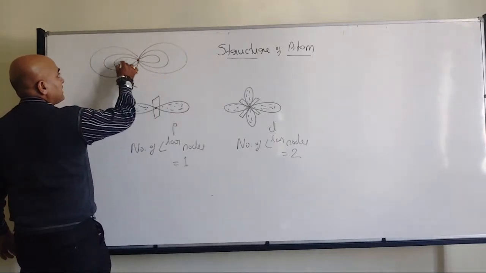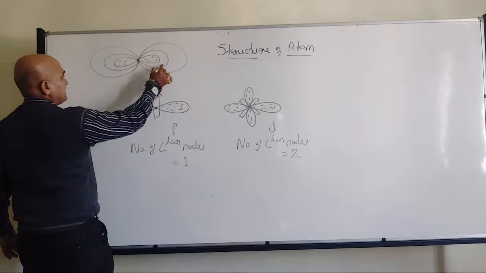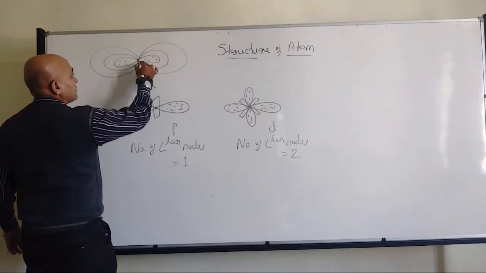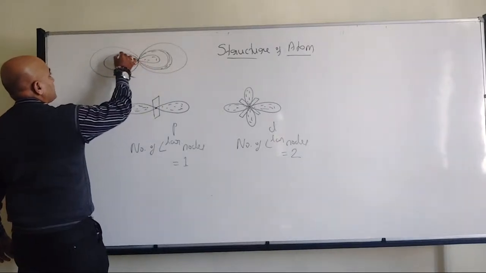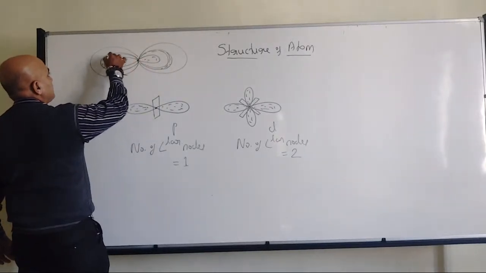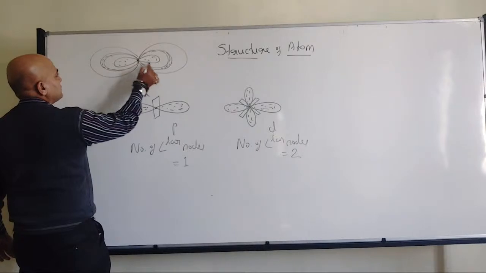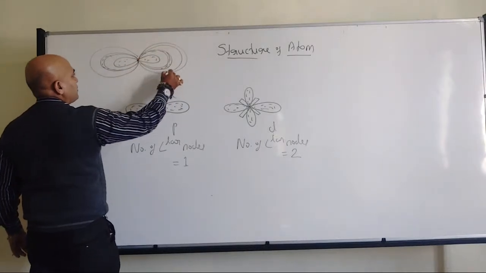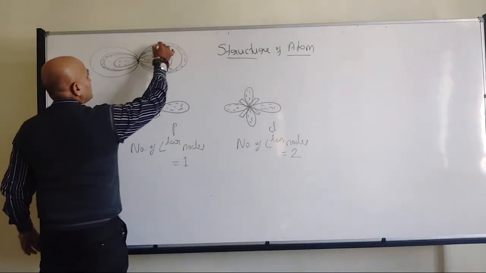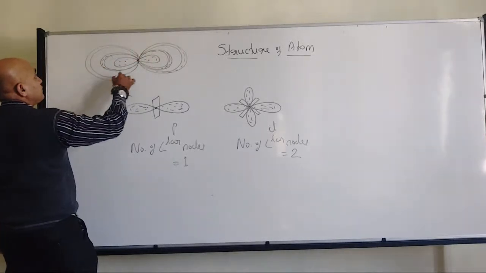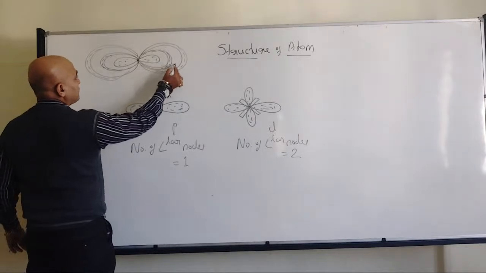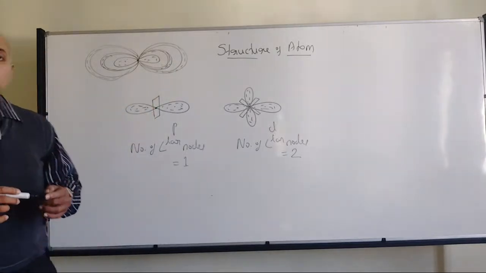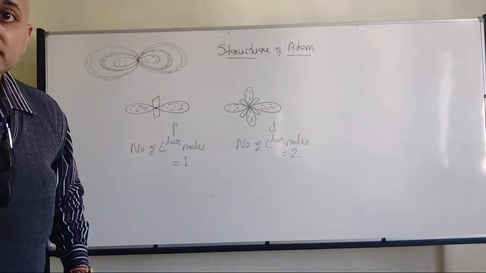So 2p does not have any radial nodes, but when I am talking about 3p, it will have 1 radial node. When I am talking about 4p, it should have 2 radial nodes. Right? That means the number of radial nodes is getting increased.